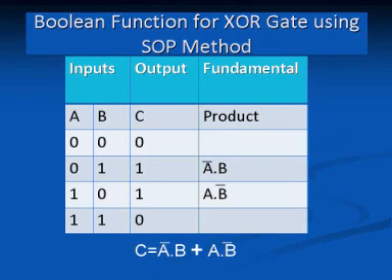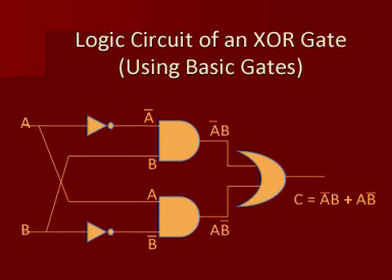If any input is 0, it is taken in its complement form. For example, in the second row of the truth table, the output C is 1 for inputs A equal to 0 and B equal to 1. Thus, the fundamental product will be A bar into B. In this manner, we write all the fundamental product terms against each 1 in the output column. Then output C is equal to the sum of all such fundamental terms, and this is the Boolean function representing C. Now a logic circuit can be designed for this Boolean expression.